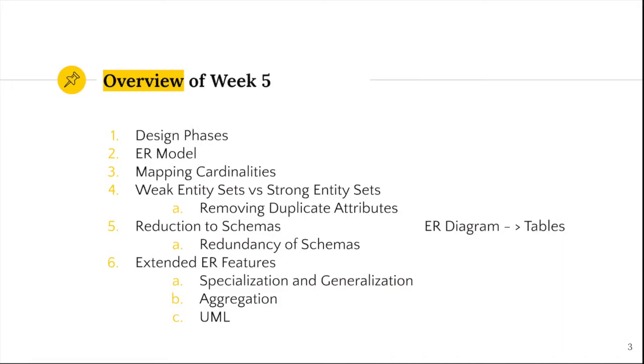We will discuss that there are several types of mapping cardinalities between binary relationships, and then we will distinguish those types of objects or entities that are weak, so they are heavily dependent on so called strong entities. We will discuss also the most important part of this lecture, which is given an ER model, we will create or produce tables or schemas. And then lastly, for the extended ER features, we will discuss specialization and generalization.